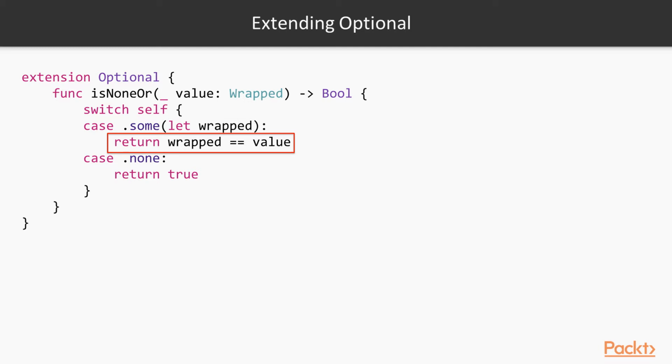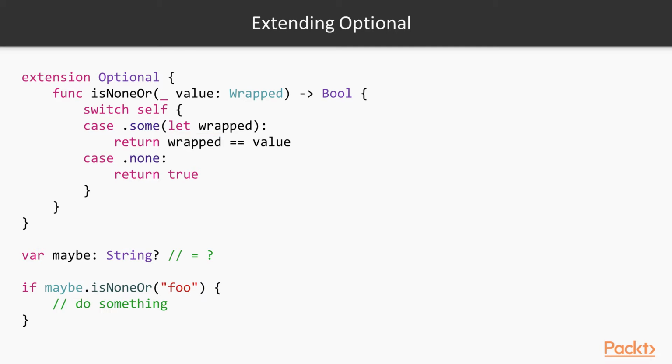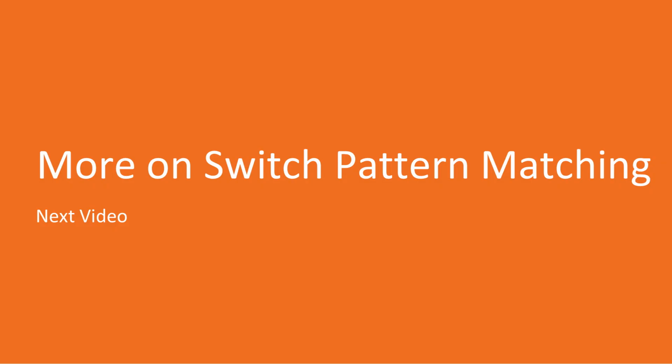This gives us a normal value. Then inside the case statement, we just do an equality comparison. Done. We have extended optional and given ourselves a much nicer convenience method to use, isNone or value. Exploring and implementing features such as this will start pushing yourself into mastery of Swift, really understanding how the language works. But there's more.